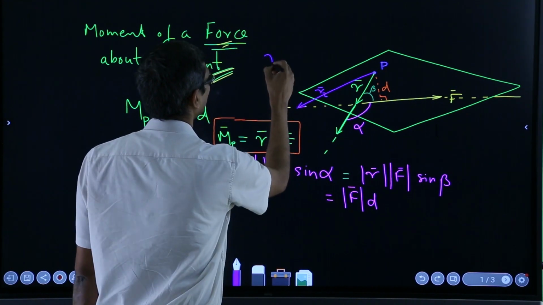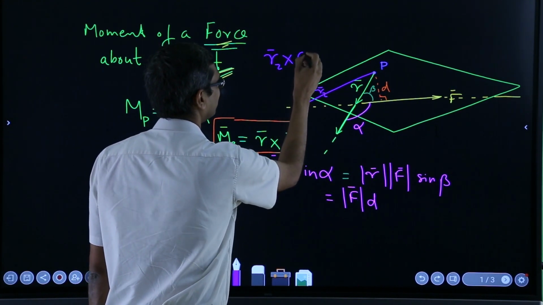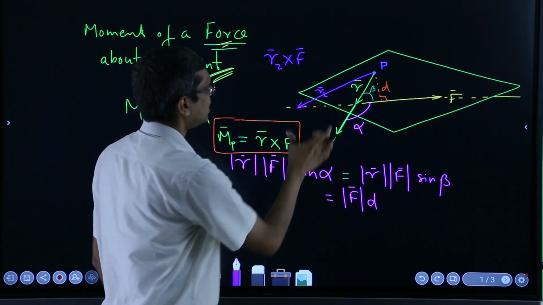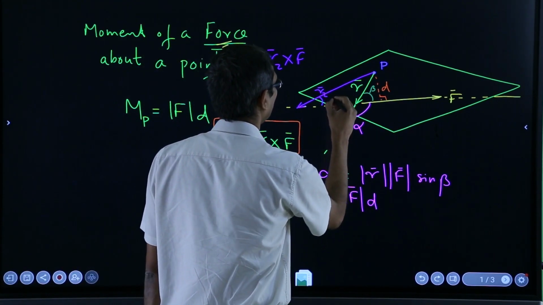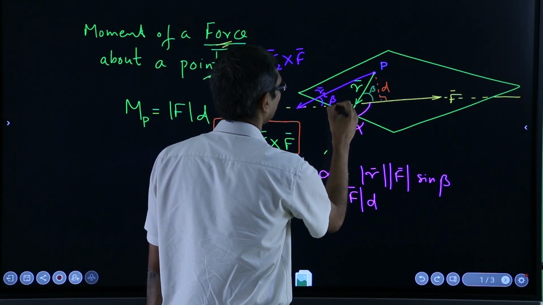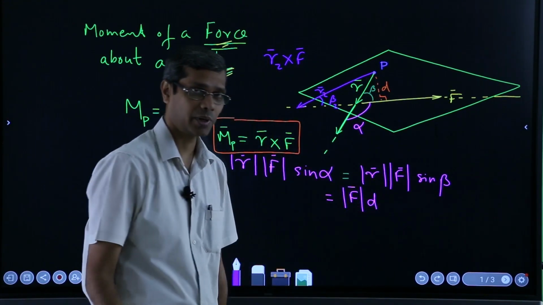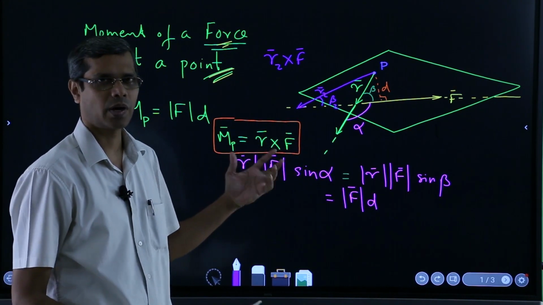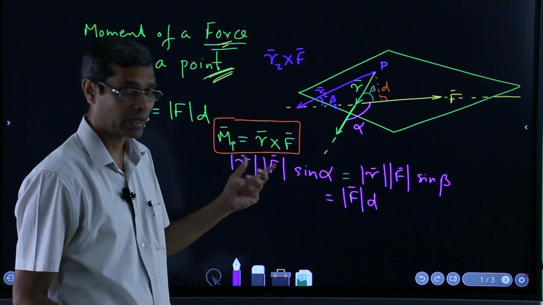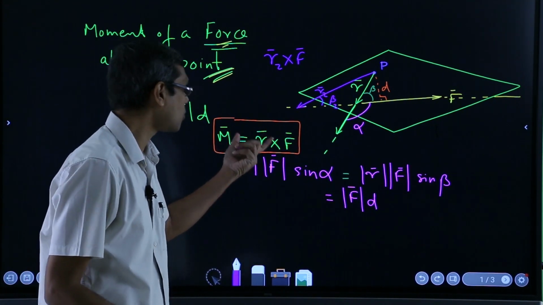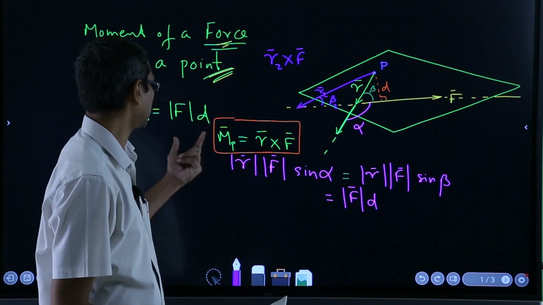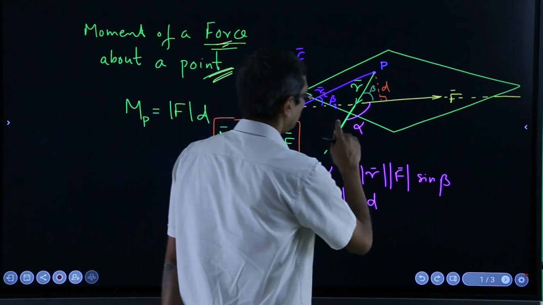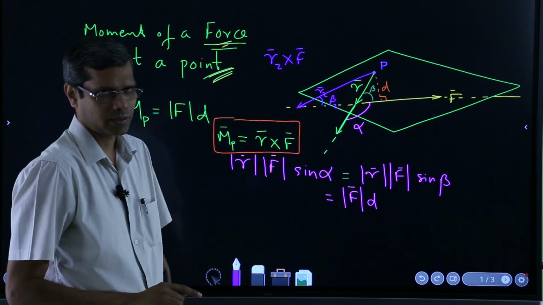Now R2 crossed with F also will give me the same result, because R2 sine of beta 2 is again D, the same D. So there lies the major power of this form of the calculation of the moment. Wherever the force is acting, doesn't matter.